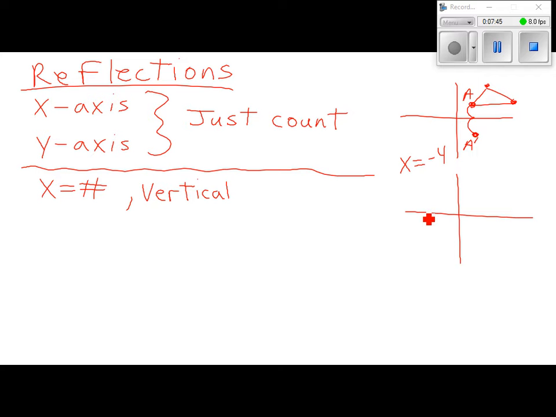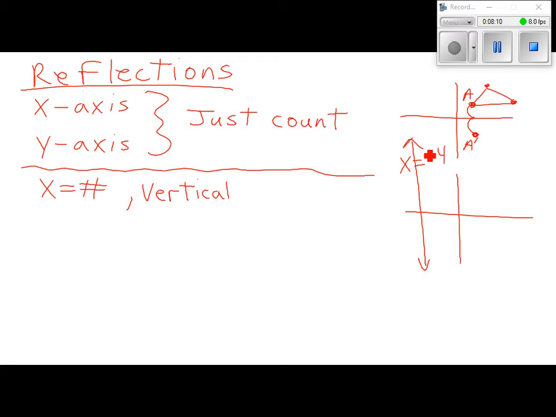I figure out where x is -4. Well, if I drew in a horizontal line there, it'd just be the x-axis, so that's not going to be it. So I know when I get out to there, it's got to be this vertical line right there. And that's what we're reflecting across now. We're reflecting across that line, not the x-axis, not the y-axis.